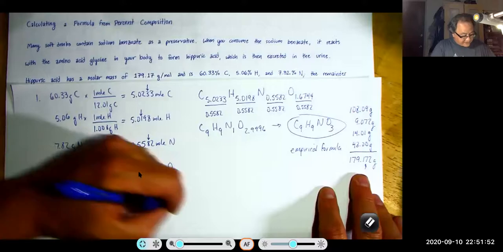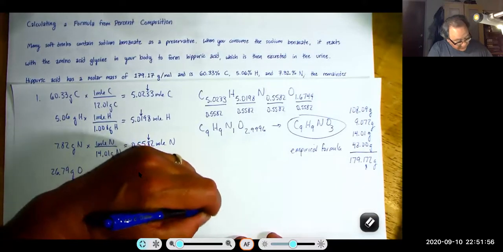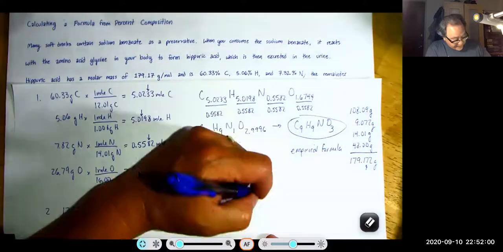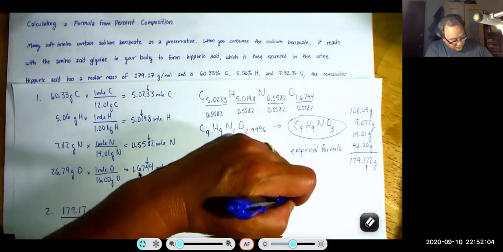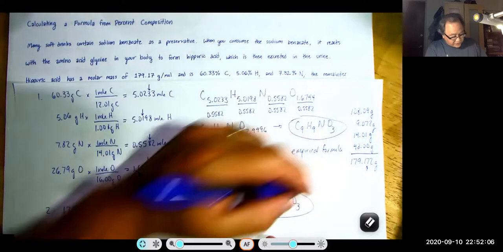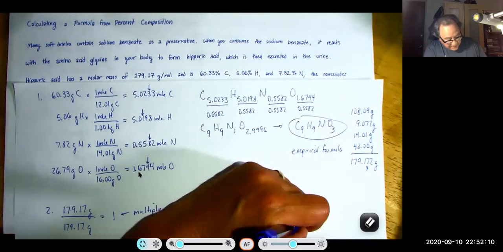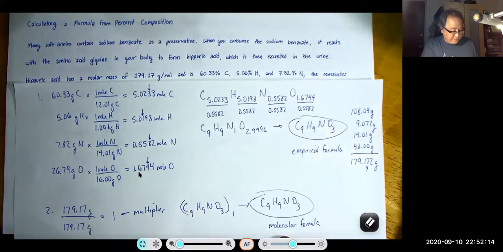So that means our C9, H9, NO3 with a multiplier of 1 becomes C9, H9, NO3. And so this is the molecular formula. So you can see that if the empirical formula cannot be simplified, then it will also be the molecular formula.